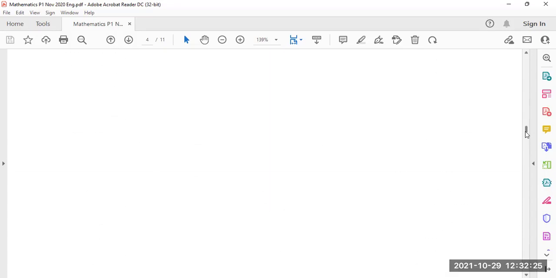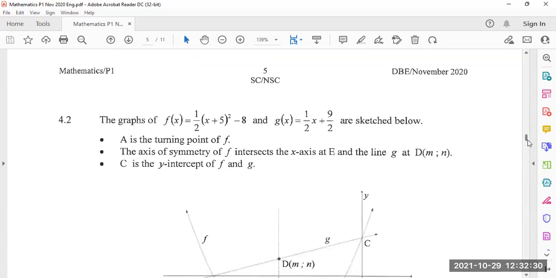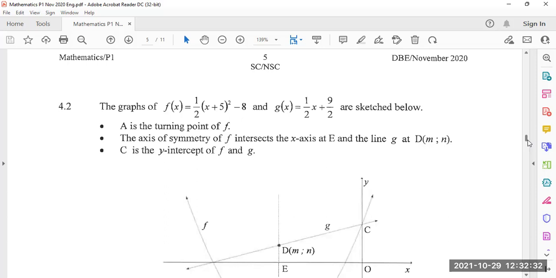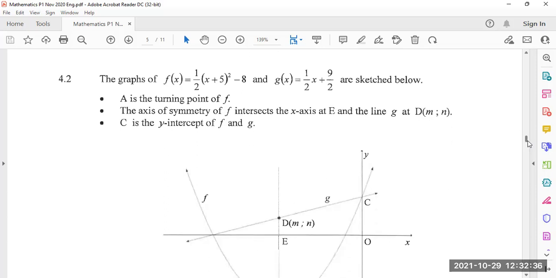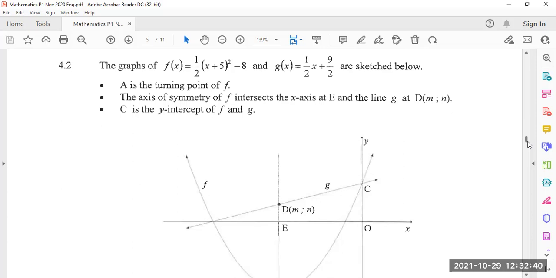Let me check. Oh, I'm going far. Okay, yes, they did say something about the axis of symmetry of F, right? The axis of symmetry of F intersects the x axis at E and the line G at D.